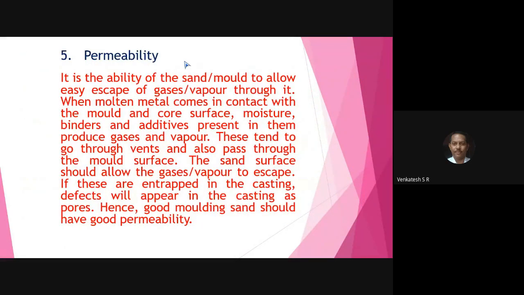Next, come to the point, permeability. This is very, very important because as we breathe, we take oxygen inside and release it, to and fro. The same way in the mold cavity, there may be air present that should exit.